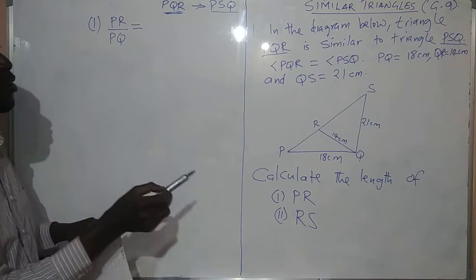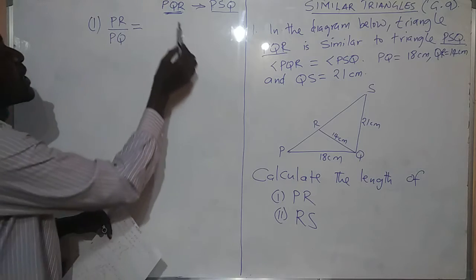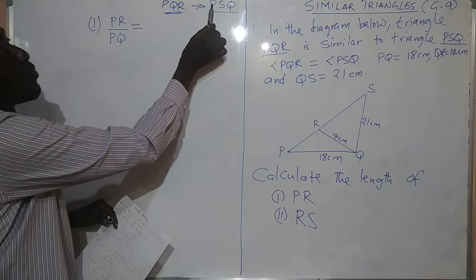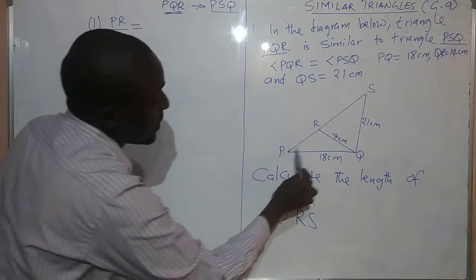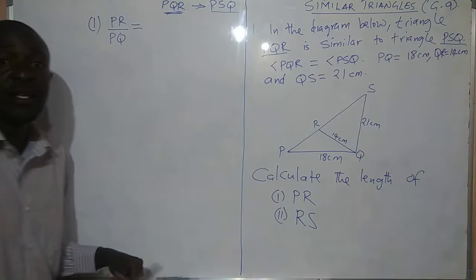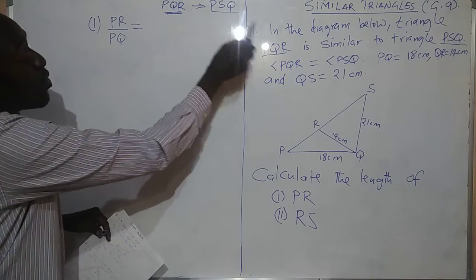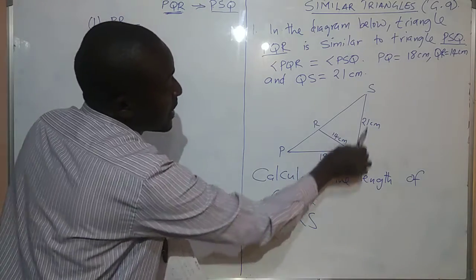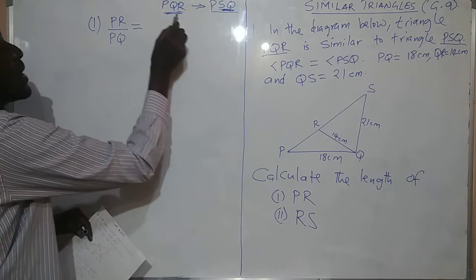PQ corresponds to PS, so we check if PS is also given. There's nothing on PS. So we check SQ, or QS. QS is given here, so we are going to use this one at the end, and this one.